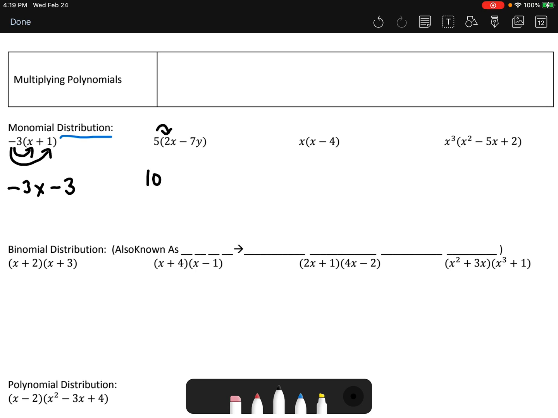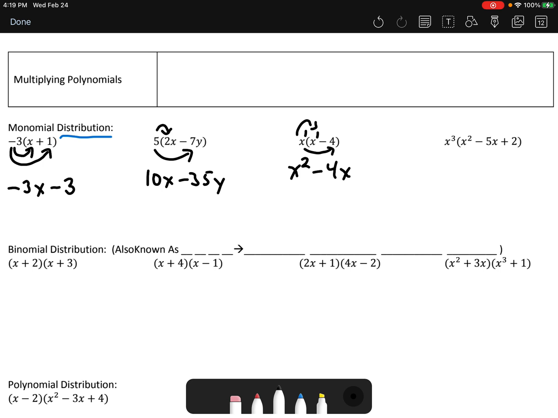Okay, you're back. So 5 times 2x is 10x. 5 times negative 7y is negative 35y. Okay, now here's where we have to use our power rules. Those are both 1s. So when I take x times x, I get x squared because I add the exponents.